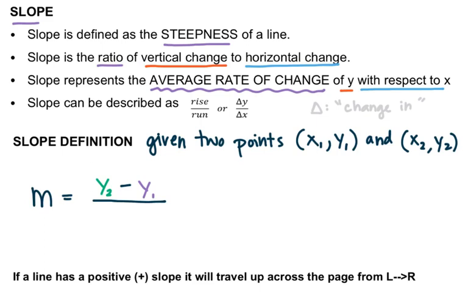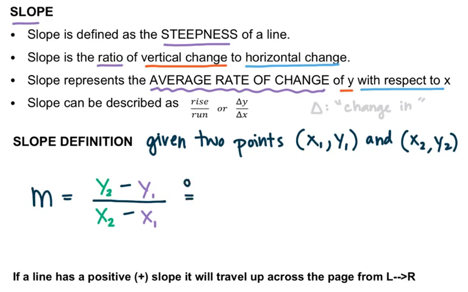And then the change in x would be x sub 2 minus x sub 1. So the difference of the y values divided by the difference of the x values. And so you'll notice both of my coordinates from my second point and my first point are matching up. They're lined up and they're organized.